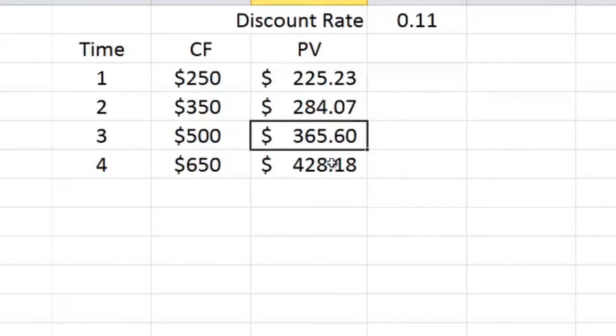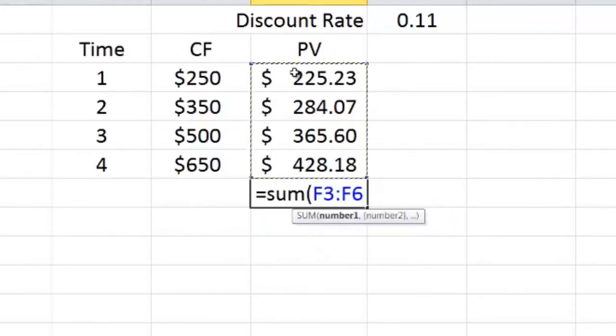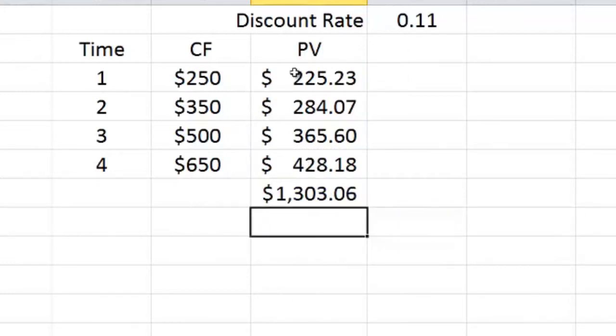So we're just discounting for different periods of time. We add these together, and we have a little over $1,300. So what that tells us, we'd be equally happy receiving $1,303 now or receiving this stream of cash flows.